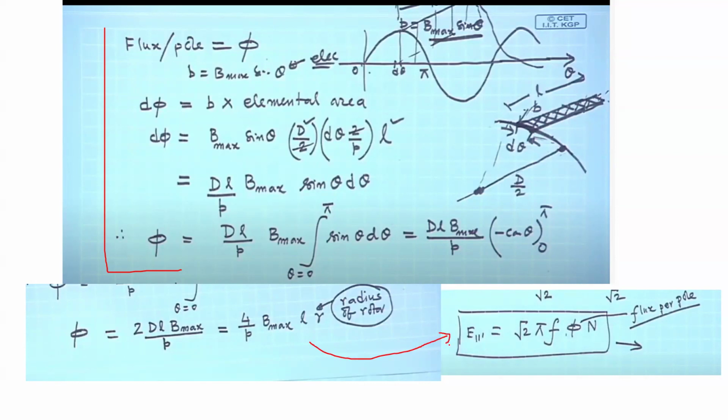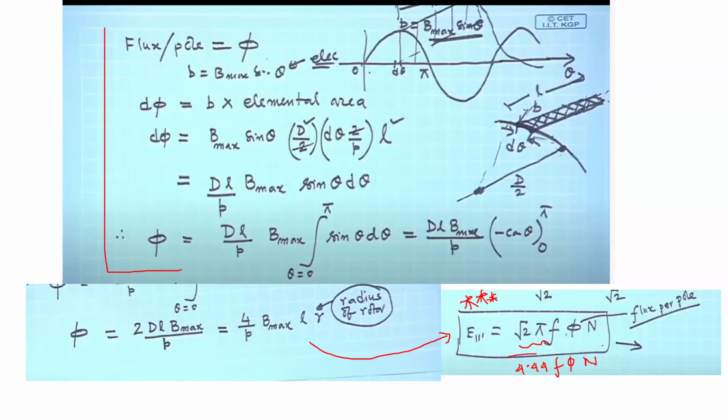Here you will see the expression of the EMF. This is very important. You will see it like this: 4.44, since root 2 pi is 4.44, times f, phi, and so on.